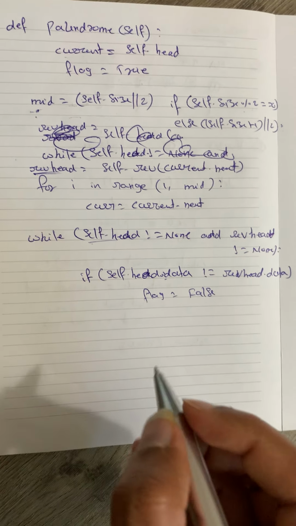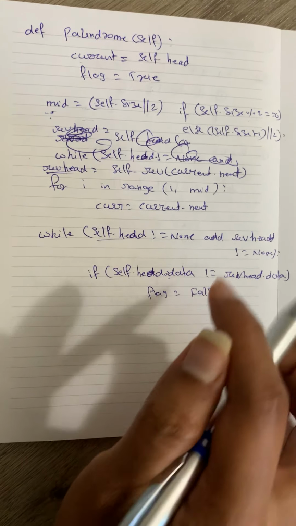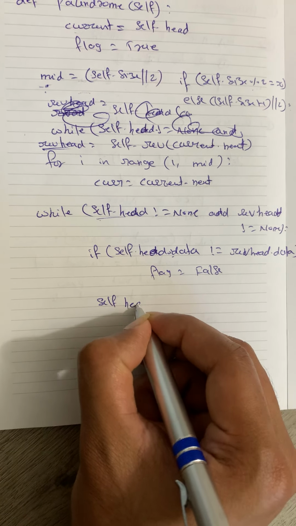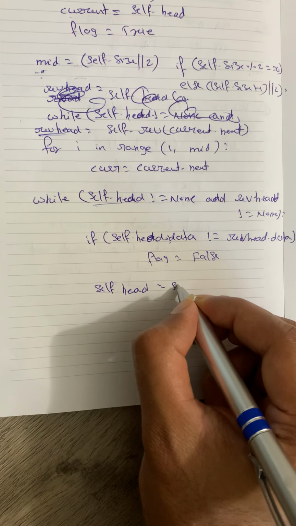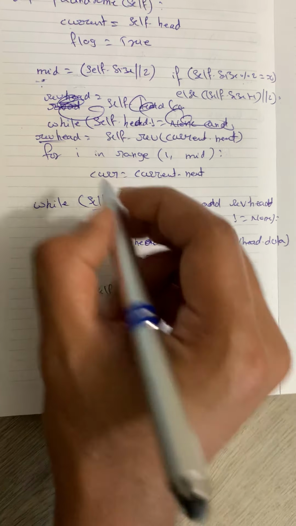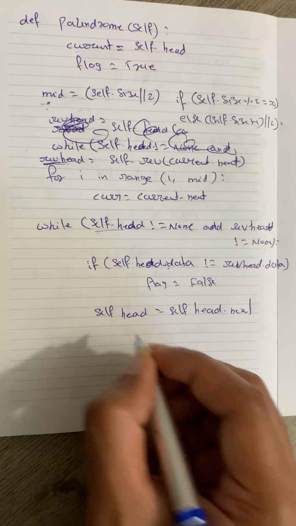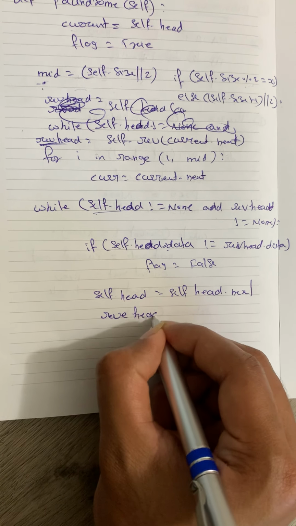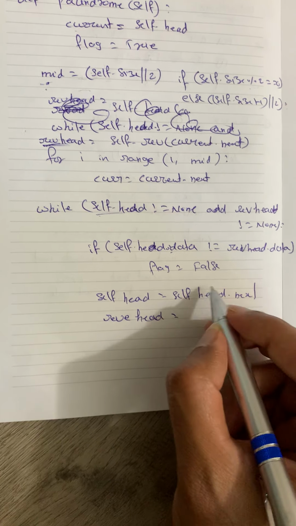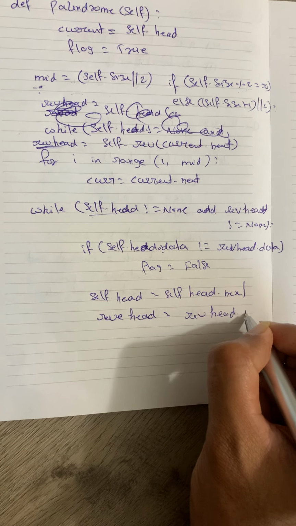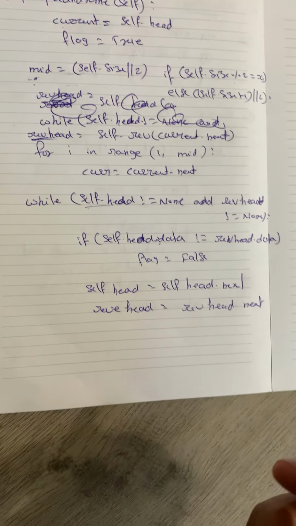If this is not the case, we move forward. So I will make self dot head equal to self dot head dot next, and reverse head equal to reverse head dot next.